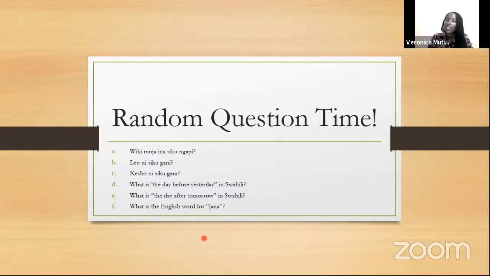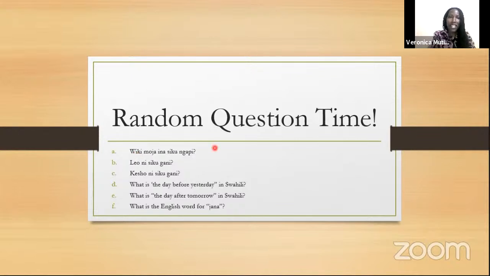I could pick a question from counting numbers 1 to 10 or involving the days of the week. We have them in Swahili, but I will help you translate. So wiki, what do we say wiki is, Shannon? What's the English word for wiki? I think it's week. Yes.